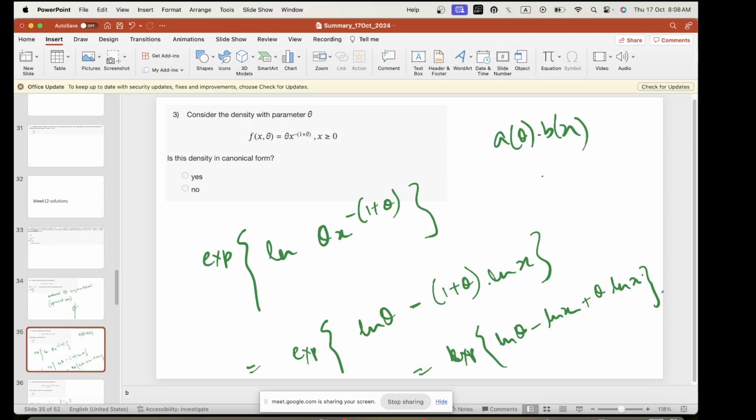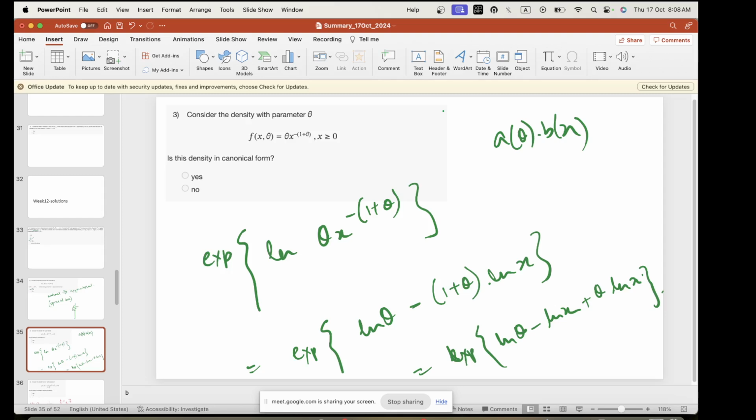Actually, I was comparing with theta x, in which I only want x. So I can easily compare like theta ln of x, so theta f of x. So by comparing with the natural form, which I have been using, I can say that it is not. All right, the answer is correct.